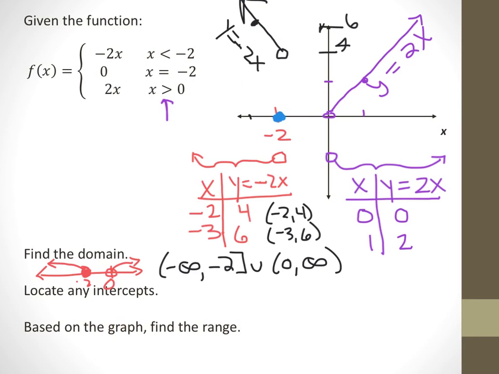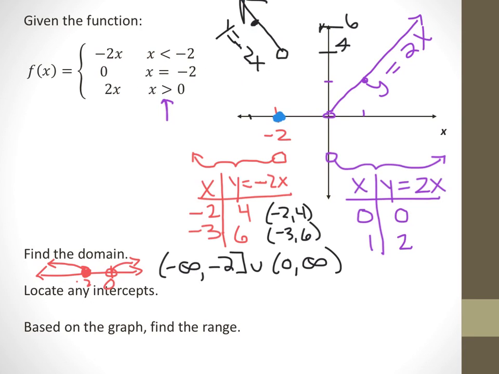Based on the graph, find the range. So it wants all the y values. So look at the side here and say what y values are being covered. It's including 0, and it's including everyone this way and on in that direction.